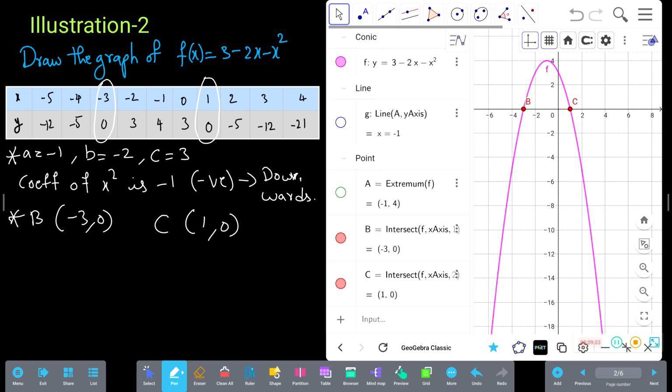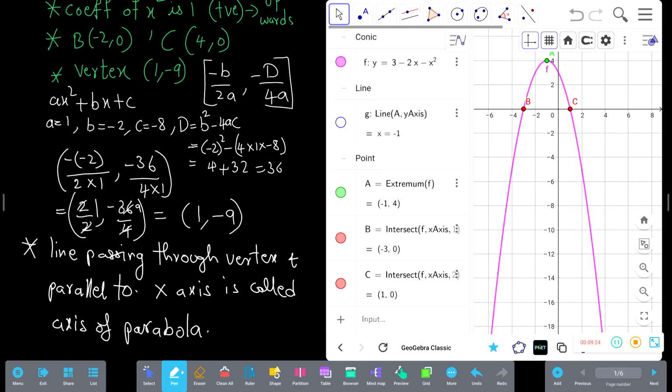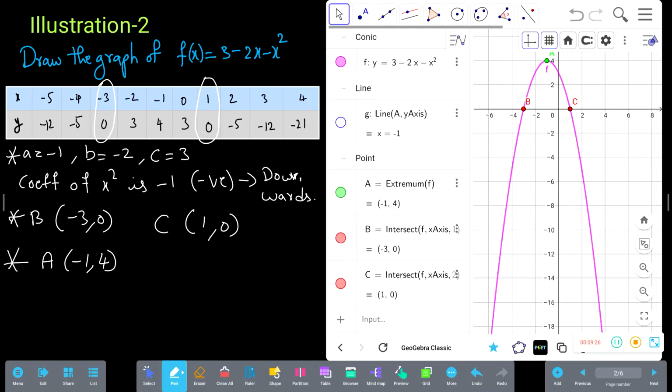Then the next point is the vertex. So where is the vertex here? See, the vertex is A. A is minus 1 comma 4. So what is the formula? Now how do we find out the vertex?